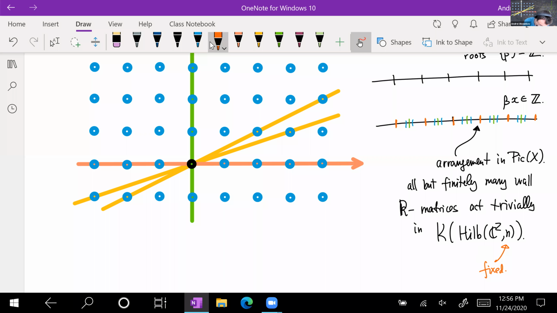So when we fix it, my arrangement R is all fractions of the form a over b, where b is at most n. So that's my arrangement.